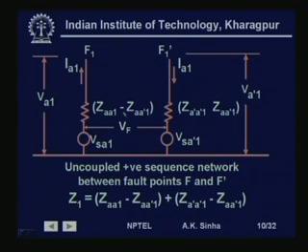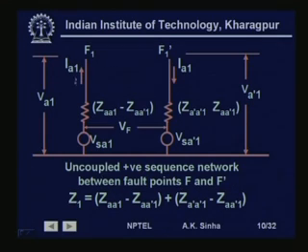For the positive sequence, this is the open circuit voltage across the fault point, which we get as the Thevenin's equivalent voltage. So this is the uncoupled positive sequence network between the fault points F and F dash.